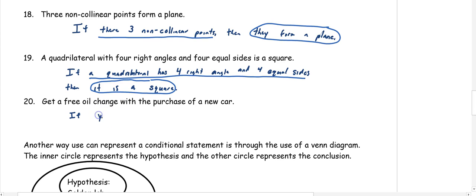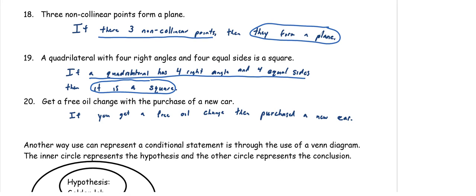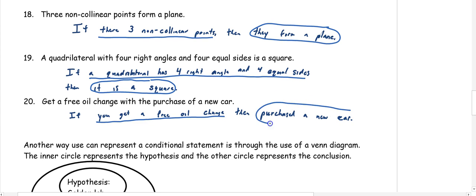So if you get a free oil change, then you purchased a new car. So in this case then, our hypothesis is you get a free oil change, and our conclusion is purchased a new car.